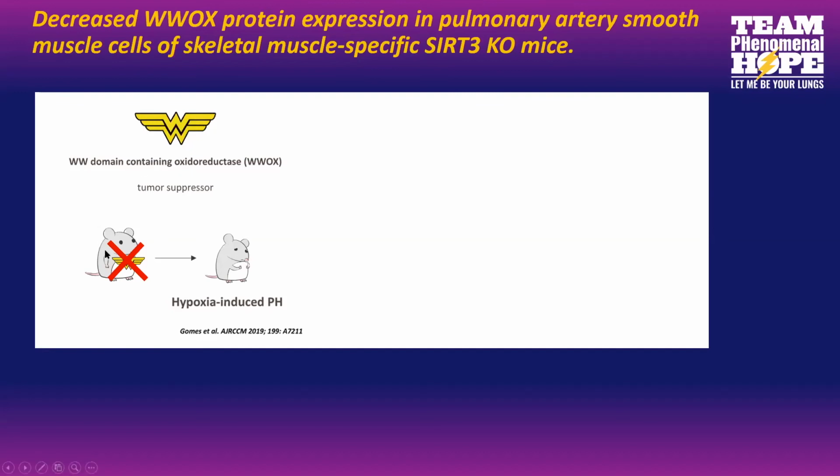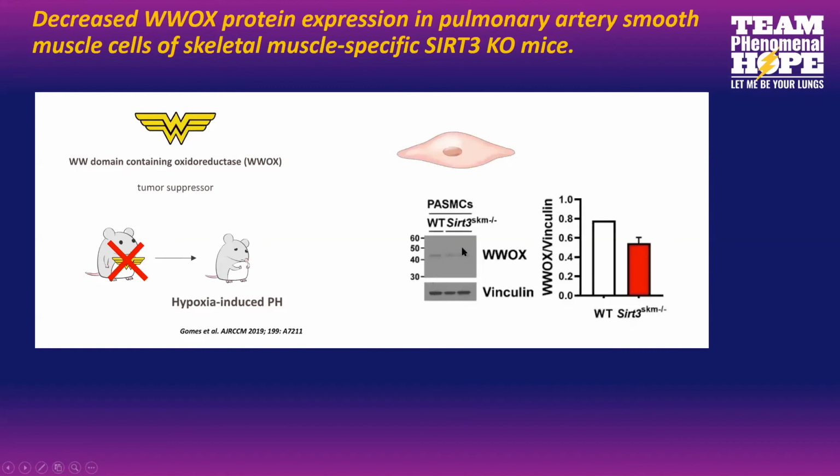And if you delete WWOX protein in the smooth muscle cells in the mouse, they also develop pulmonary hypertension induced by hypoxia. So what we found is that the WWOX protein decreased in skeletal muscle, in PH smooth muscle cells isolated from skeletal muscle specific SIRT3 knockout animals.